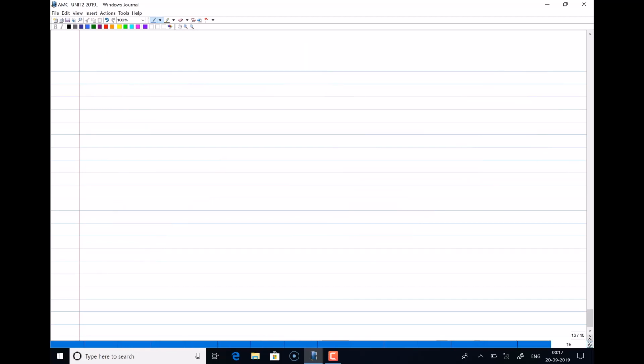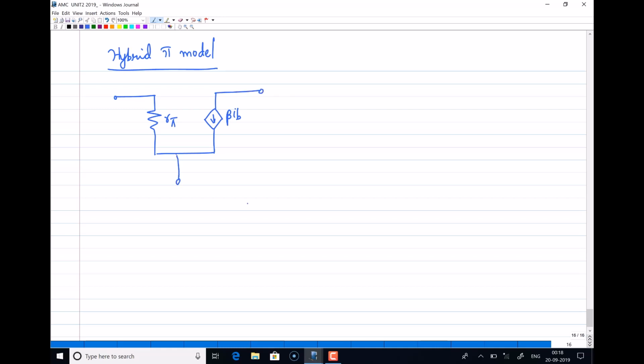In the Hybrid pi model, it is a pi model basically because of the resistance R pi. So here the resistance is R pi, and here it is showing a controlled current source beta IB. So this is emitter, this is base, and this is collector.